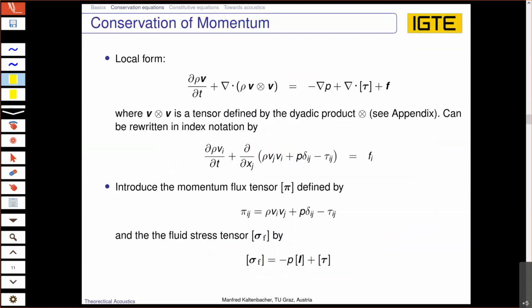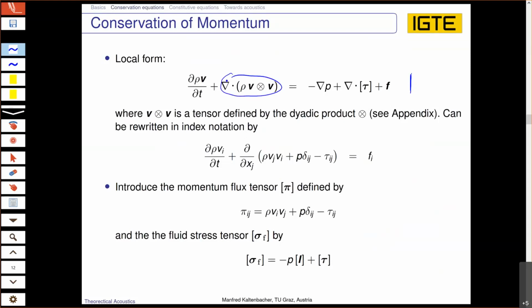Okay, so the local form is now as follows. We have written it down here, and I think you have discussed this already in detail in the fluid dynamics course, that we have here the time change of the momentum density, which is density multiplied by velocity. And we have this complex term here, not as easy, which we will also rewrite differently.